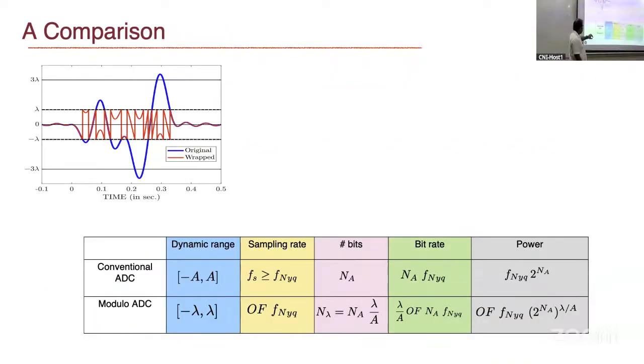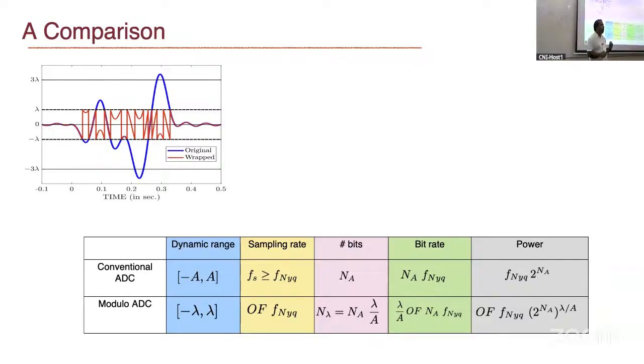Let's talk about the conventional ADC. Its dynamic range is -A to A. Sampling rate could be greater than Nyquist, but for a band limited signal, we know that we can sample at the Nyquist rate for perfect reconstruction. Now the number of bits is n_A. In both the ADCs, a few things have to be common.